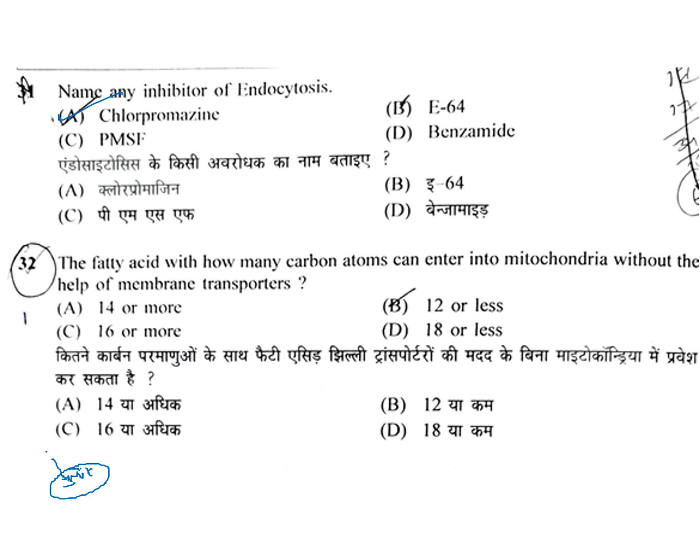If it is 14 carbon or more, then it needs a transporter. It needs carnitine for its transport. But fatty acid with 12 carbon or less can cross the mitochondrial membrane directly. So the answer will be B, 12 or less.